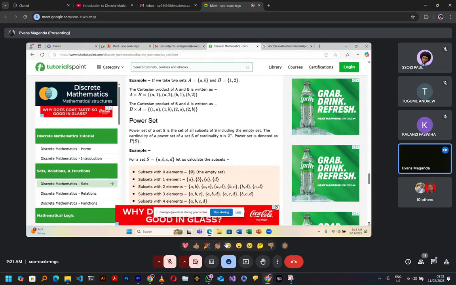You have a set S, and then you are trying to get its power. So power set over set S is the set of all subsets of S, including an empty set. And the cardinality of the power set of S is 2 to power n.